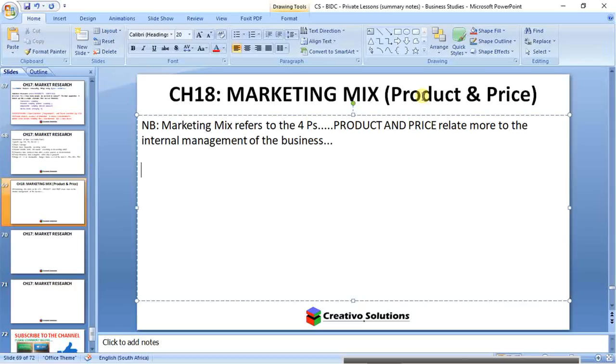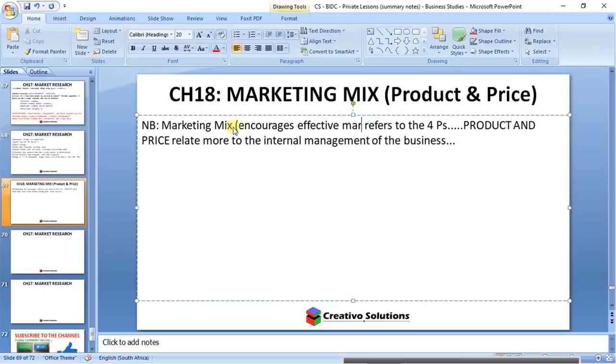The textbook's giving you a definition. I know you like definitions, so you want to write this one down. It's quite short. Marketing mix: the 4 key decisions that must be taken in the effective marketing of a product. That's what they're giving you. Right, so why do we need the marketing mix? I'm just going to put a bracket next to the words marketing mix. Brackets: encourages effective marketing.